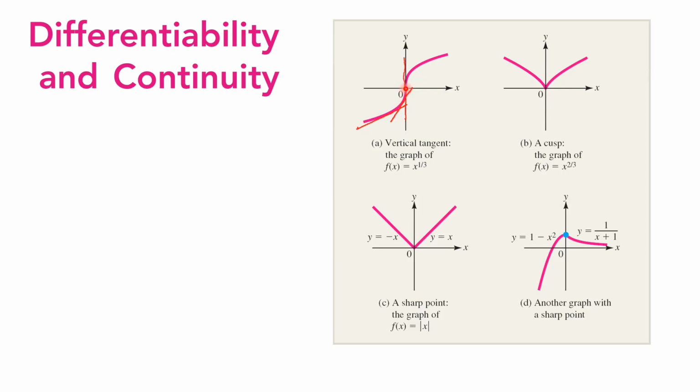So we can make an observation that as x approaches 0 from the left, the tangent lines are getting steeper and steeper. In terms of their slopes, we can see that the slopes are increasing without bound.